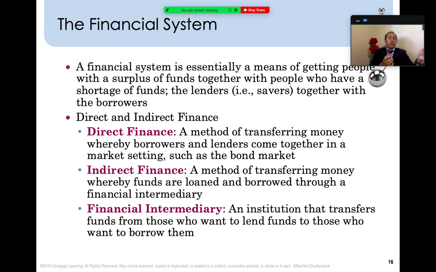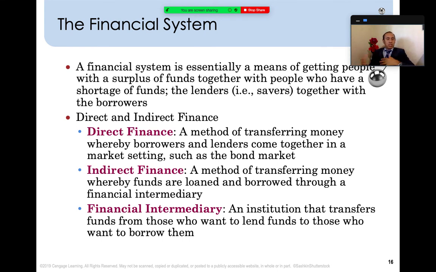So you have the savers, who are the lenders, and the borrowers, who borrow the money and then pay interest. And the financial intermediary, the financial institution, is the one that facilitates those funds. It pulls funds from the savers and channels them to those that need them.